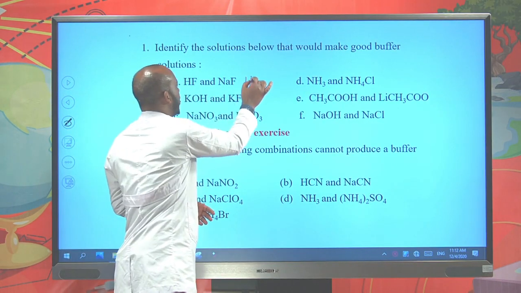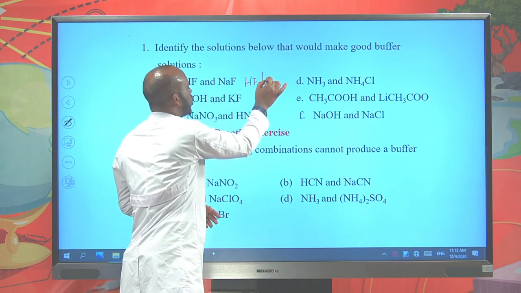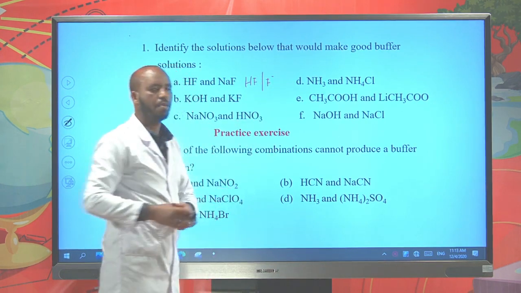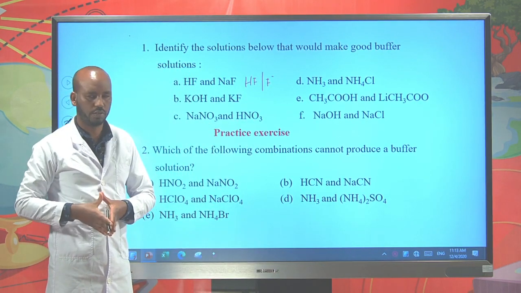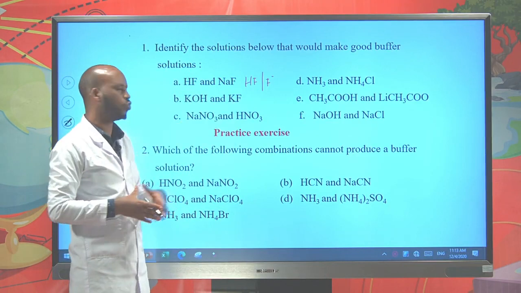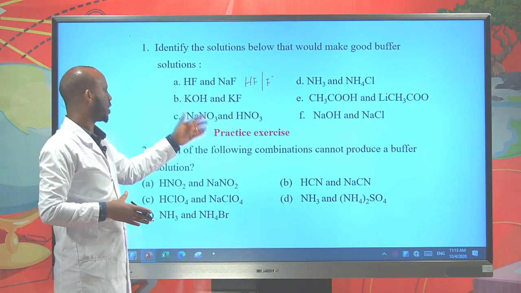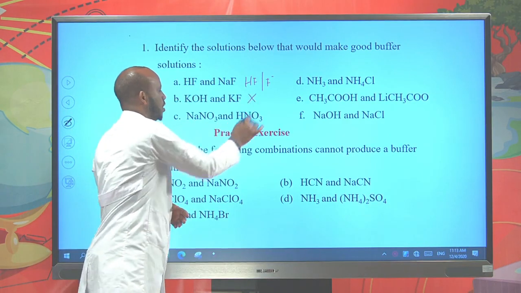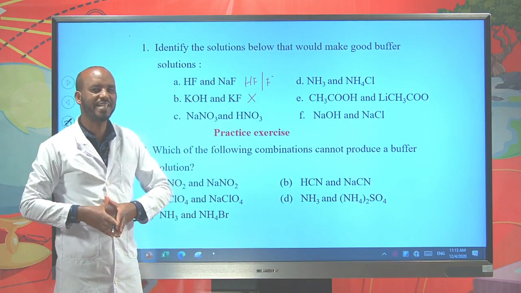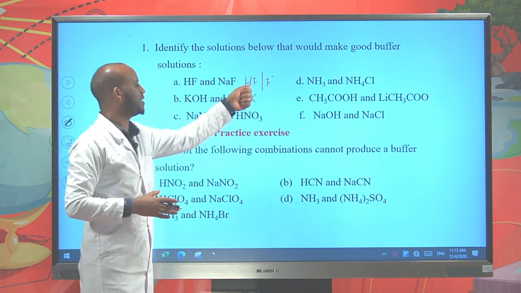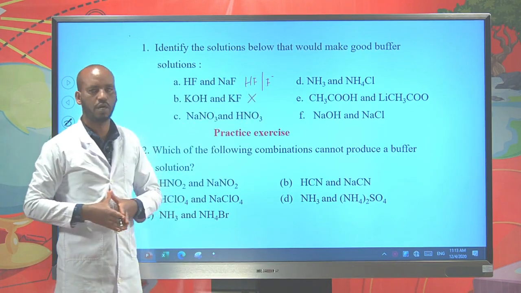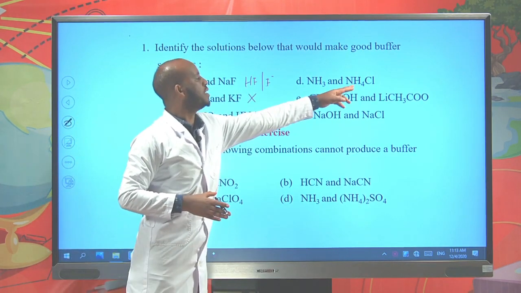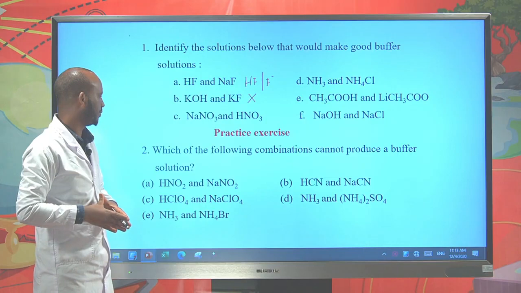Therefore, HF and its conjugate base, F minus, make an acidic buffer solution. Potassium hydroxide and KF is not a buffer solution because a buffer solution contains either a weak acid and its conjugate base, or a weak base and its conjugate acid.